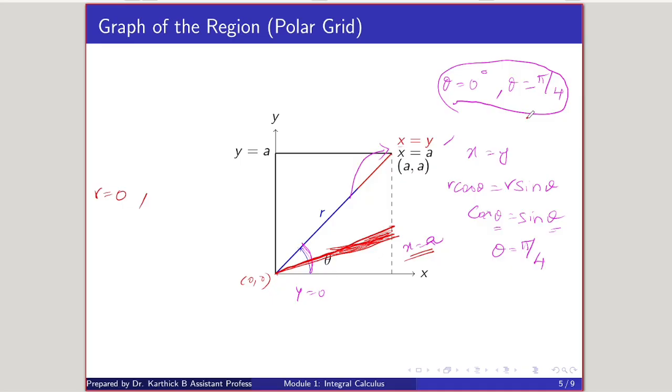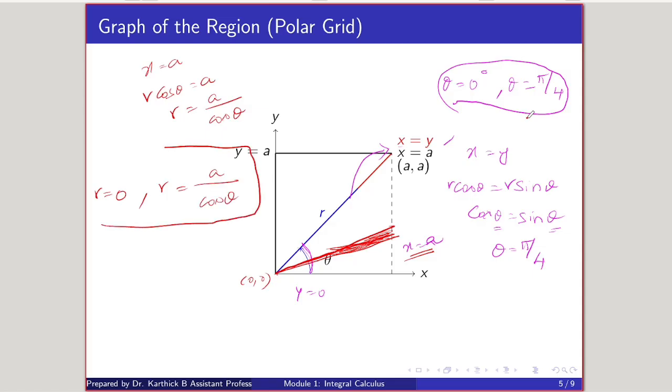With the help of x equal to a, we want to find the upper limit of r. We know that x can be written as r cos theta equal to a, then r can be written as a by cos theta. So the upper limit of r will be a by cos theta. So this is the limit of r, and this is the limit of theta.